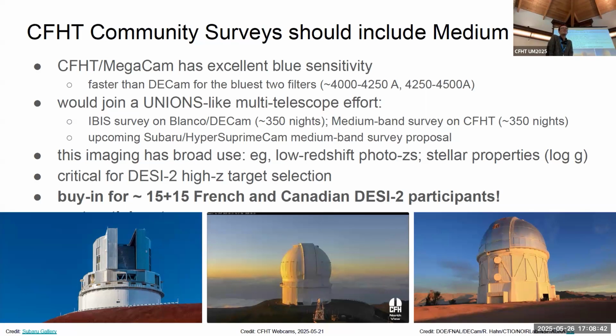I don't know. I should probably know what the overhead of CFHT MegaCam versus DECam is. Is the overhead really causing the 5 hour versus 10 hour difference? It would be good to put in a fair amount, including the overhead, and see which one is more efficient. Yeah, I think I included that, but it was very much a coarse estimate.